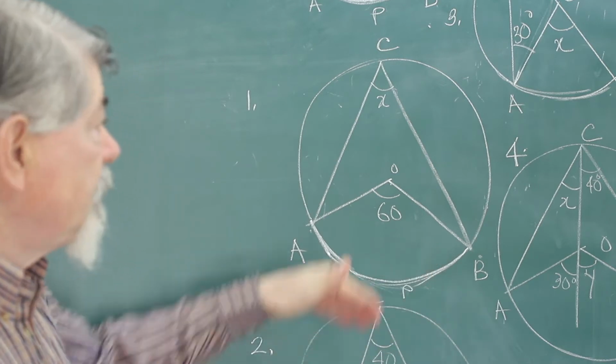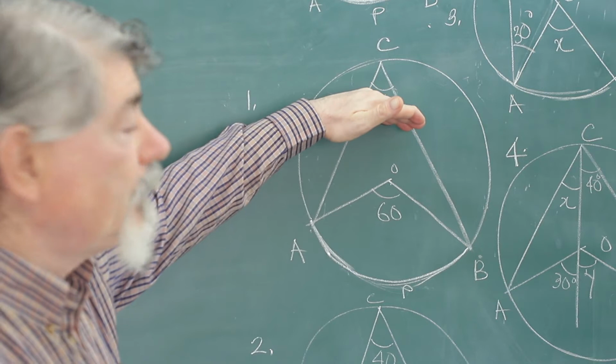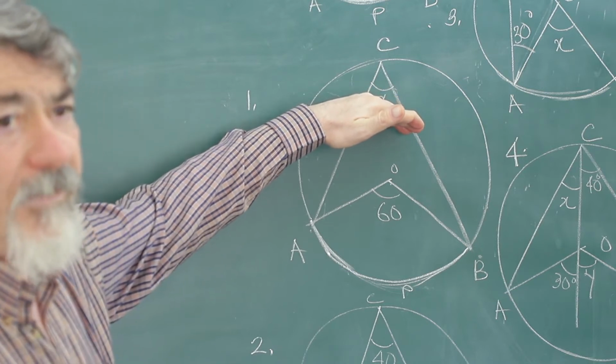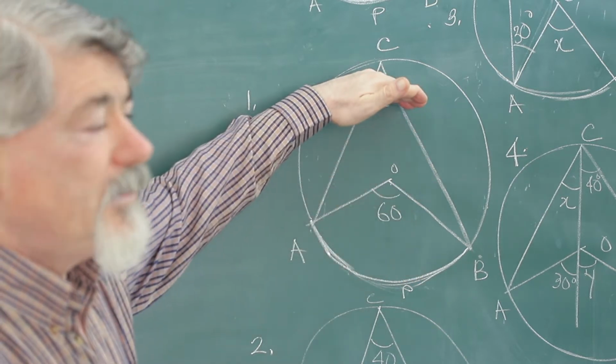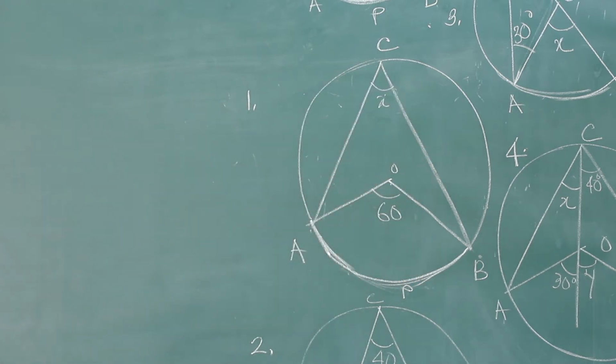The relation is that angle AOB is double the angle at the remaining part of the circumference. This is what we had proved yesterday.